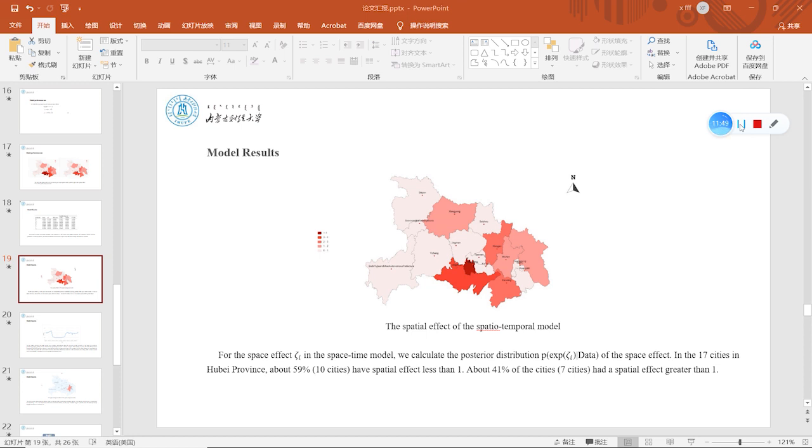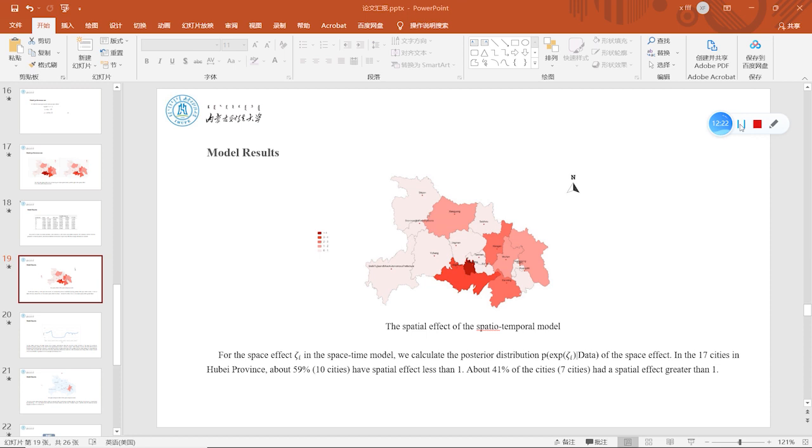A spatial effect greater than 1 indicates that the urban travel volume has high activity, which also means that the social distance of these cities is relatively small. Some studies have shown that the social distance is negatively correlated with the spread of COVID-19.